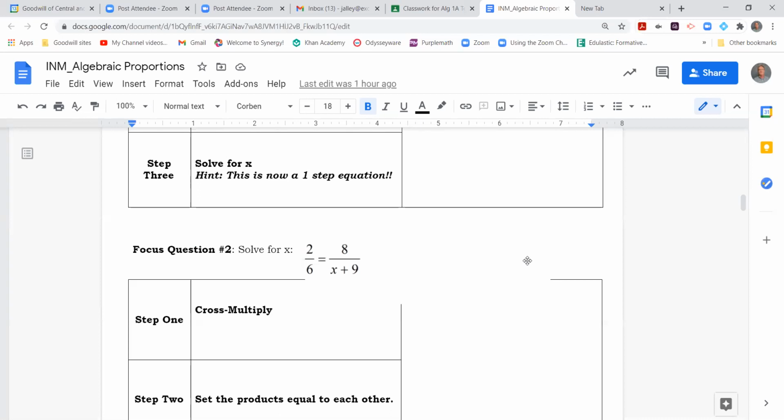Remember, I'm using these 0 pairs to get rid of stuff. It looks like I'm getting rid of it, but I'm actually using it on the other side. So 2x is 30. Final step, almost always the final step is divide by that number that modifies x, that coefficient number. So I get x equals 15.